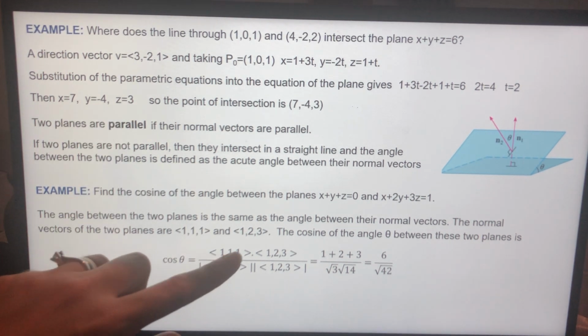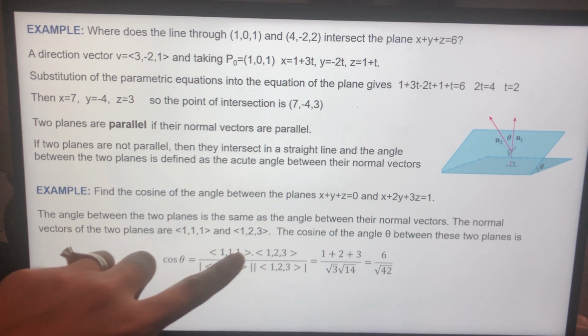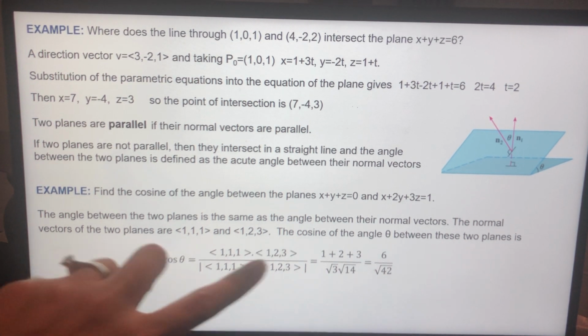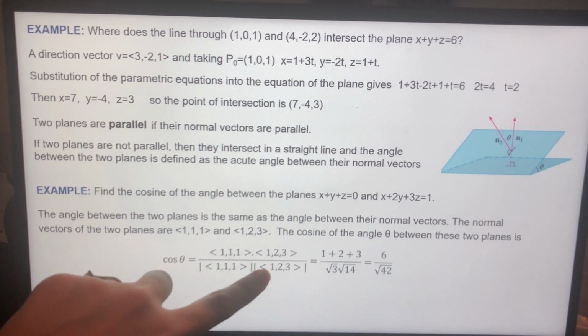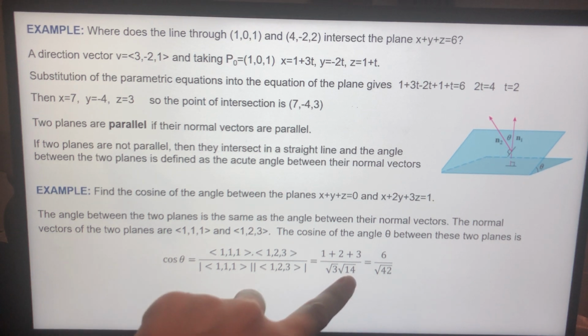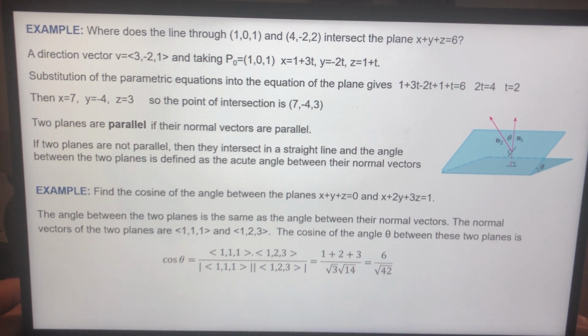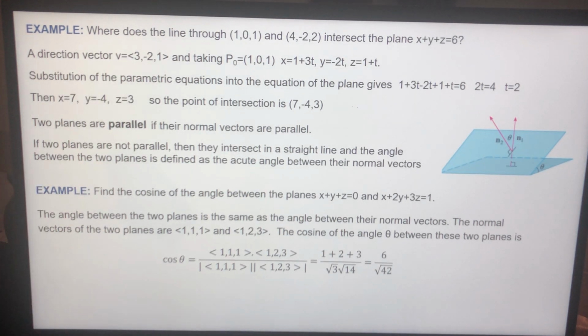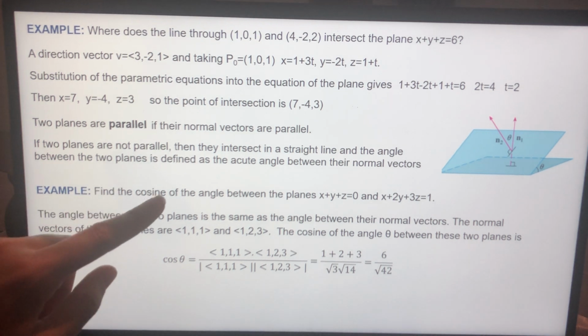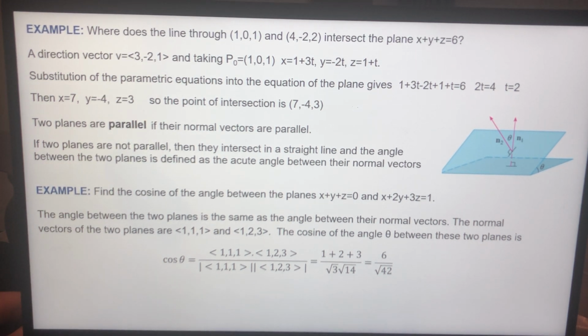So dot product: 1 times 1, 1 times 2, 1 times 3, sum them up, 6. Length of this one: 1 squared, 1 squared, 1 squared, which is square root of 3. 1 squared, 2 squared, 3 squared, square root of 14, and you can find the cosine of this theta. And you can just take the arc cosine and find this theta. Since it says find the cosine of the angle, that will be enough for that question.